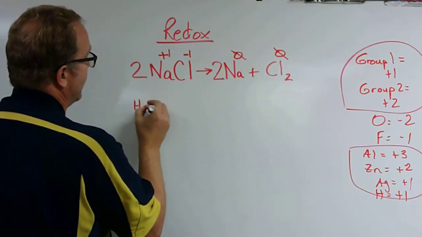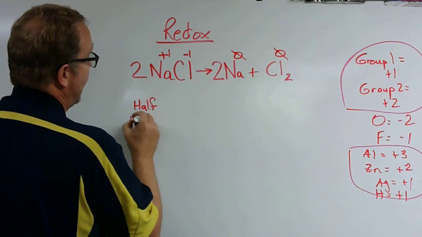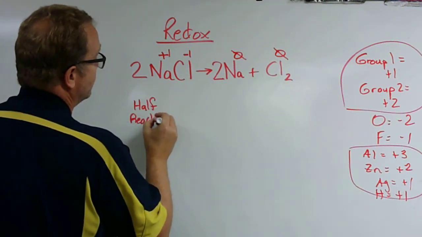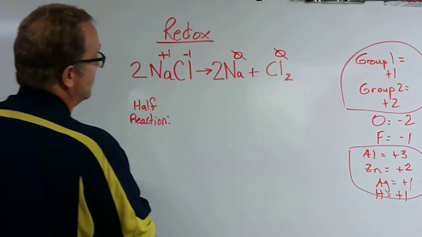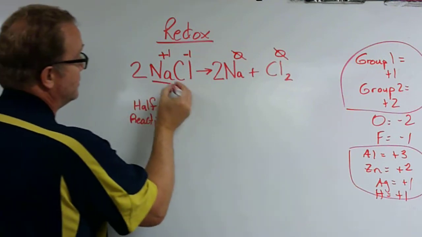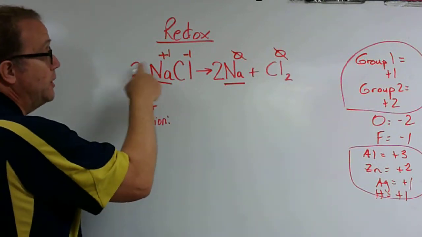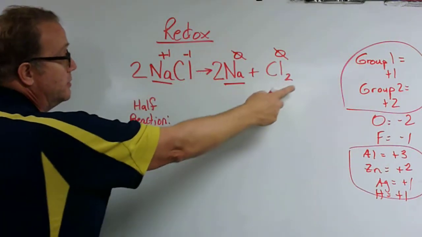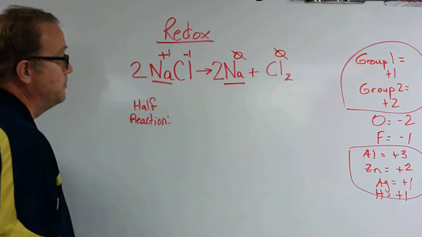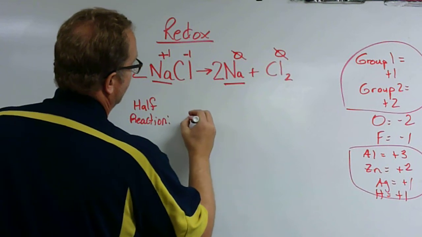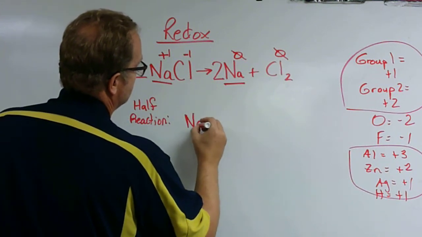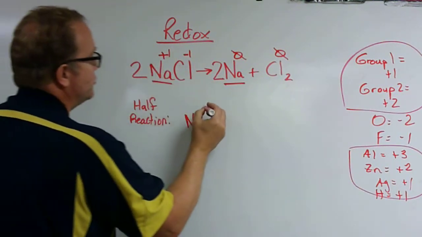We call these half reactions because we're just going to take the parts that are the same as each other. So we're going to look at things that look like this. Now just remember, I don't have to take the 2's here, I do have to take the 2 here. So we got an Na with a +1 charge.